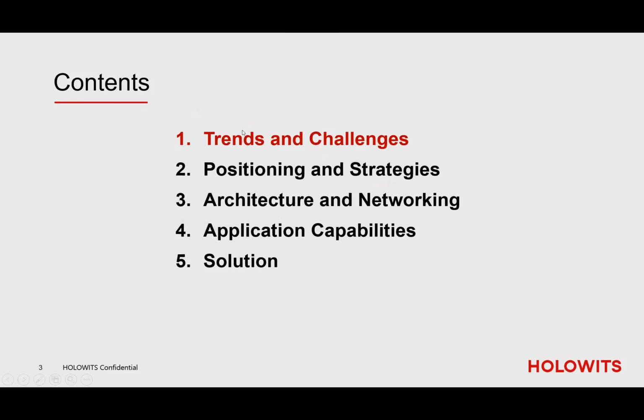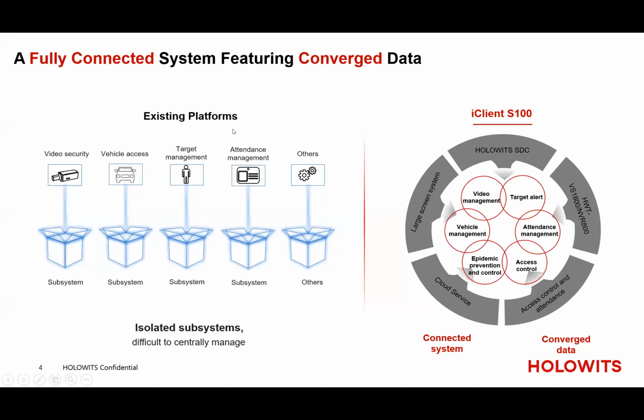The first part is traits and challenges. The iClient is a fully connected system featuring coverage data. Look at the existing platforms. They have many isolated subsystems, which is difficult to centrally manage.